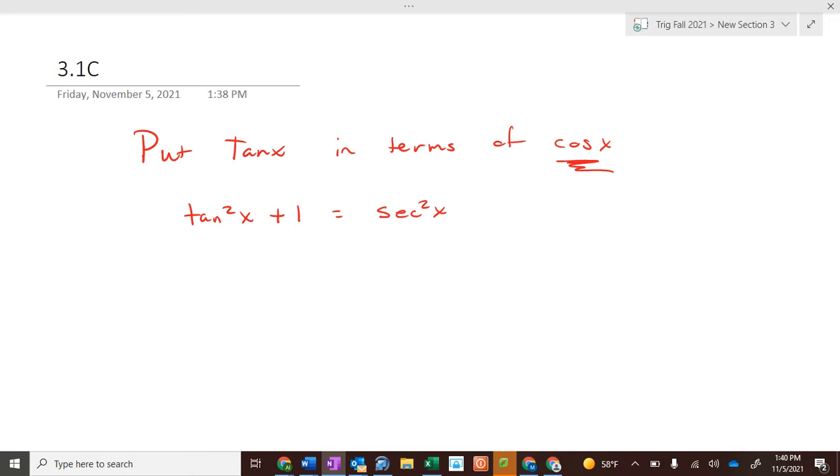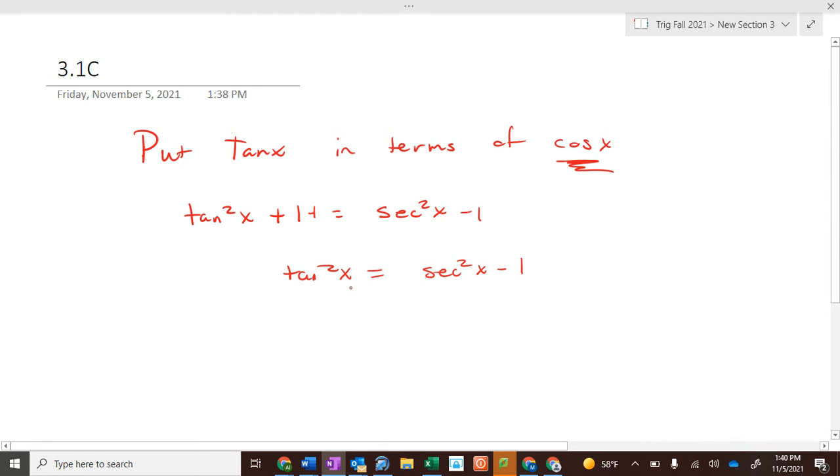Now, what can we do to both sides? Subtract 1. So tangent squared of x equals secant squared of x minus 1. Now, how can I change secant into cosine? 1 over cosine squared of x, minus 1.